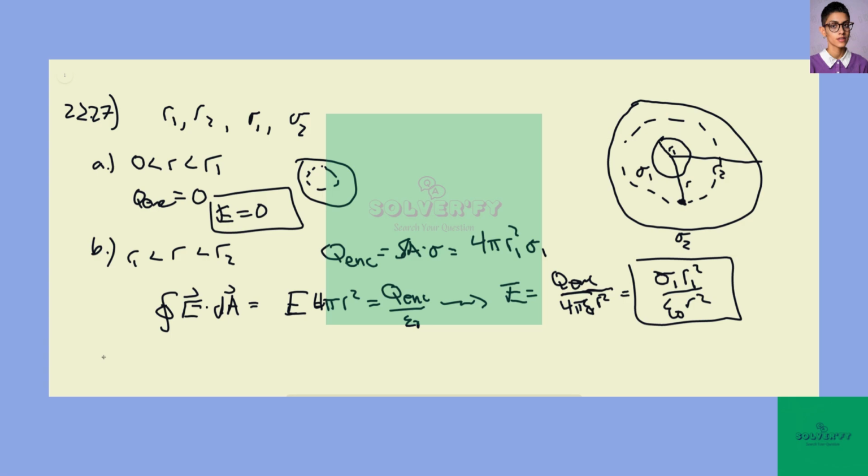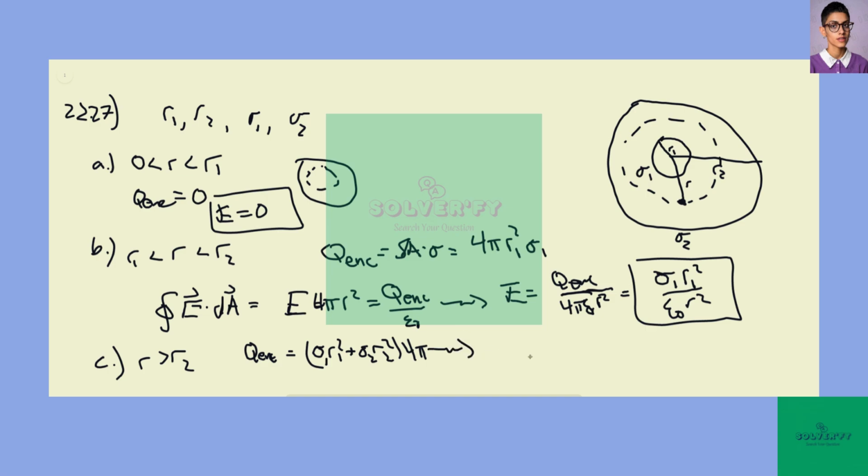Now we can move on to part C, and we're going to do this one for R greater than R2. For this case, our Q enclosed is on the first surface plus the second one. So this is sigma 1 R1 squared plus sigma 2 R2 squared, all times 4 pi.